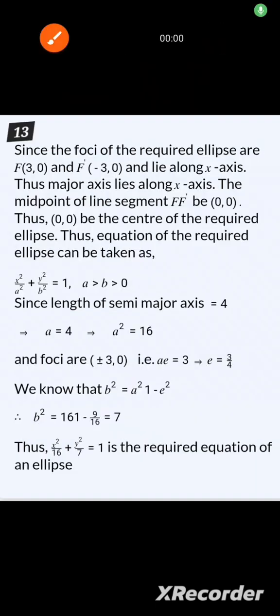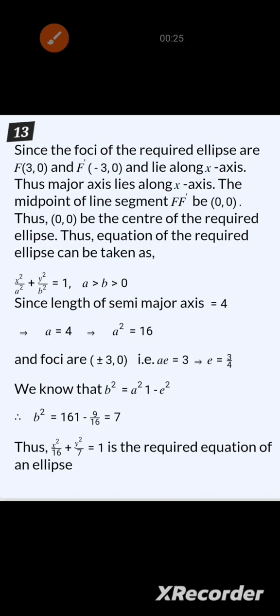Sum number 13 says, find the equation of the ellipse whose foci are at plus minus 3, 0 and the length of the semi-major axis is 4 units. So here it is given that the foci are at plus minus 3, 0. So easily we can make out the x-axis is the major axis and the y-axis is the minor axis.